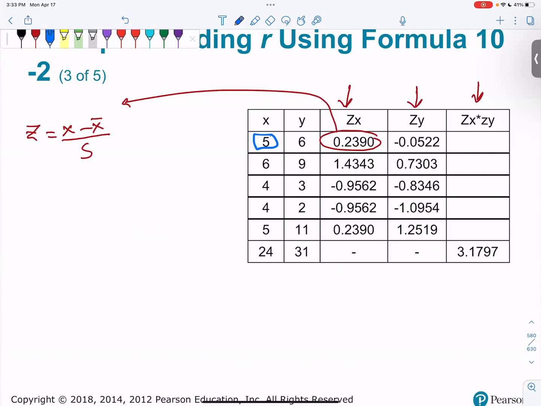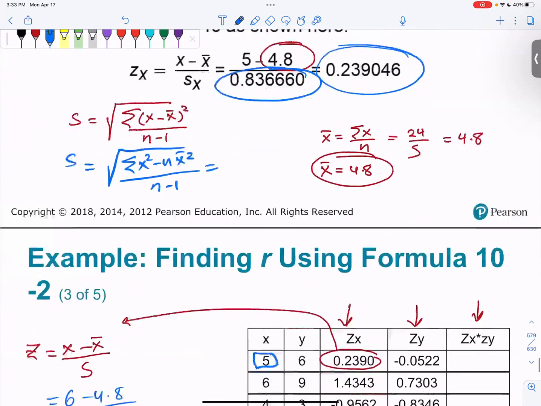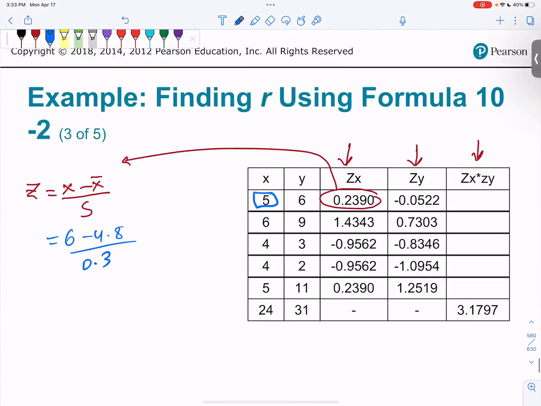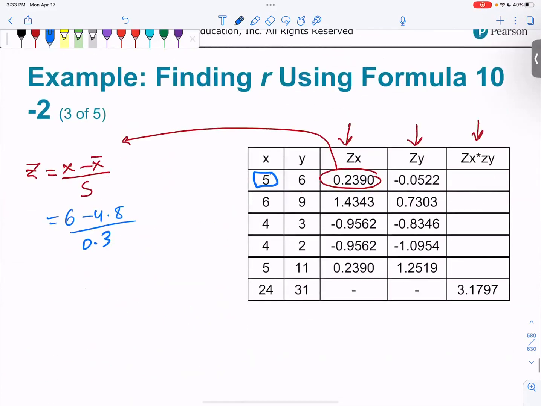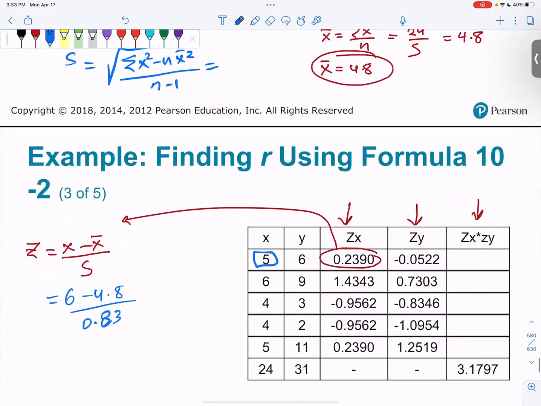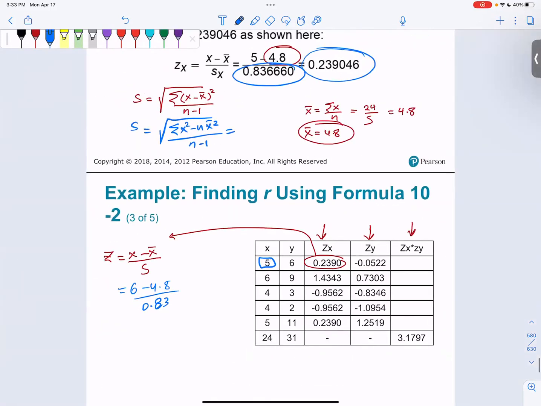So then the second one will be 6 minus 4.8 divided by 0.836660.